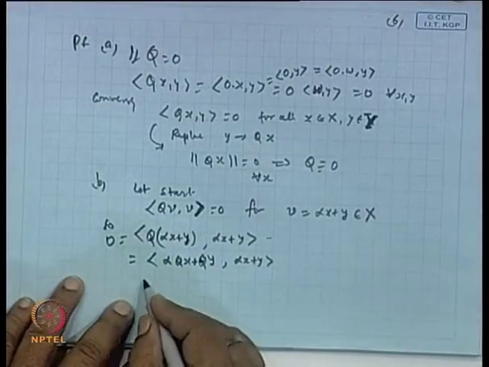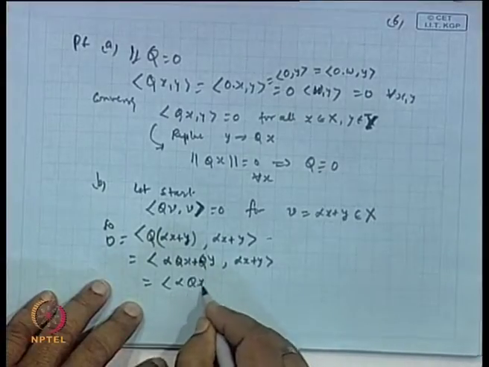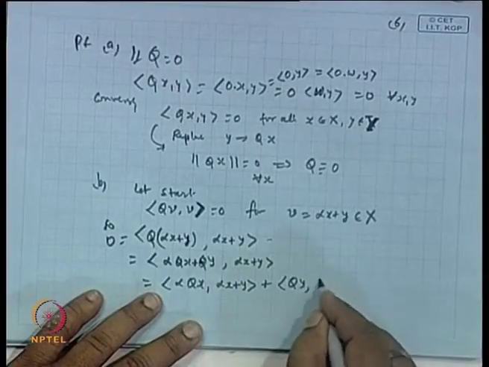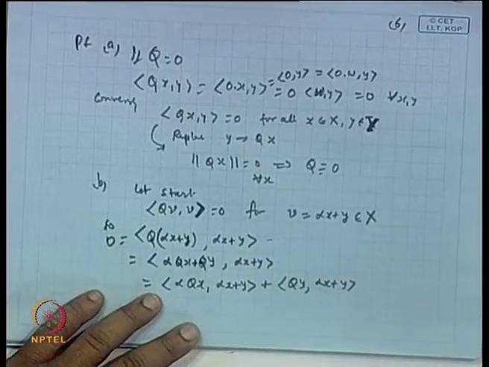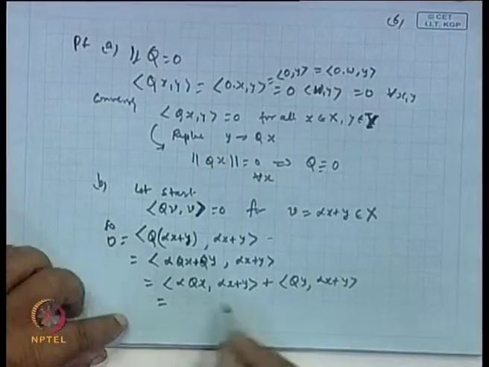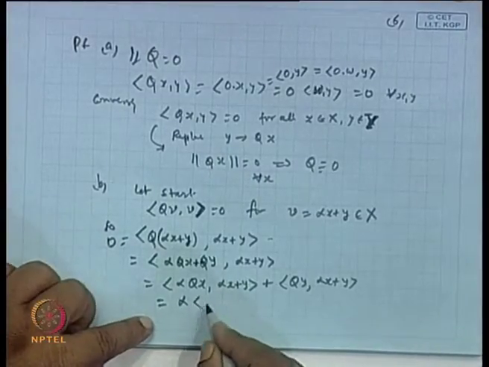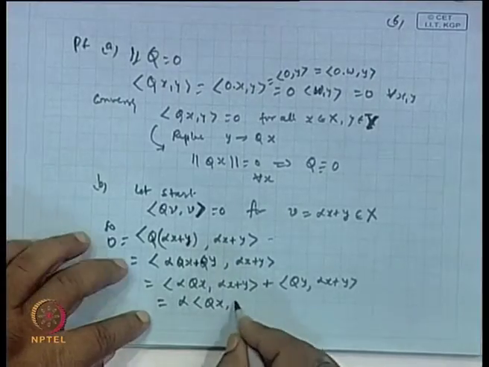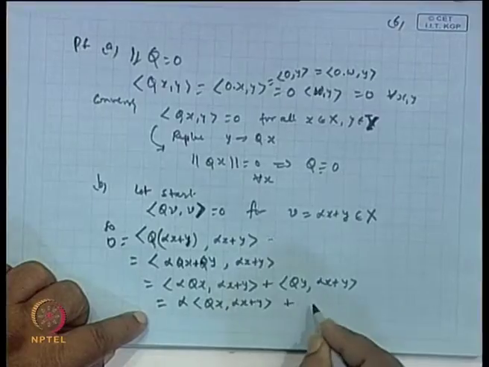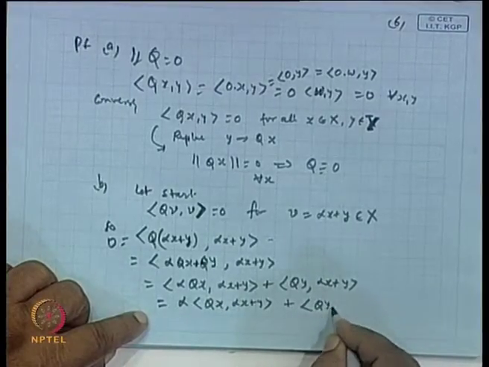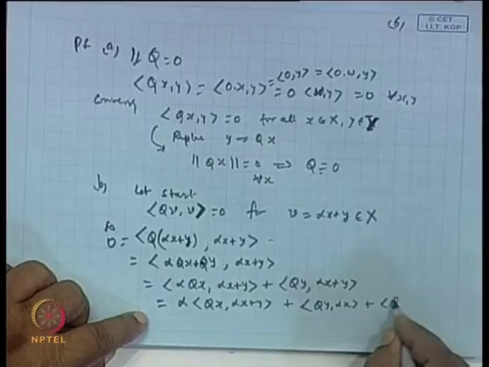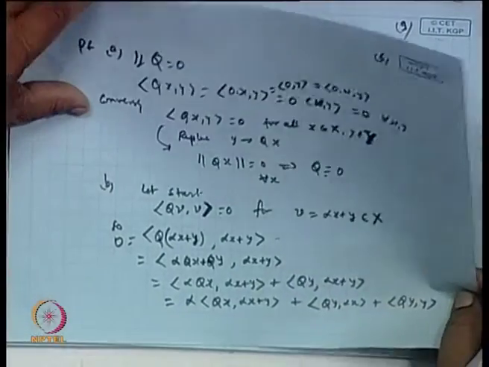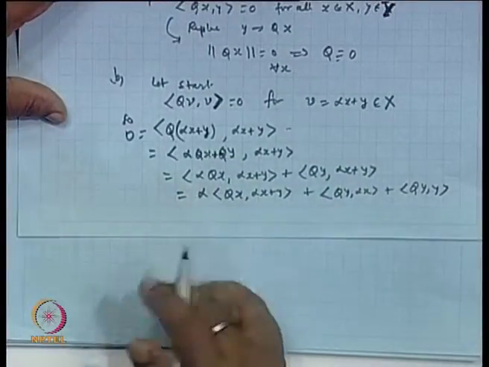So, this will be equal to the inner product of alpha Qx plus Qy, comma alpha x plus y. Now, this will be equal to alpha Qx comma alpha x plus y, then Qy comma alpha x plus Qy comma y. Now, again this alpha can be taken outside.